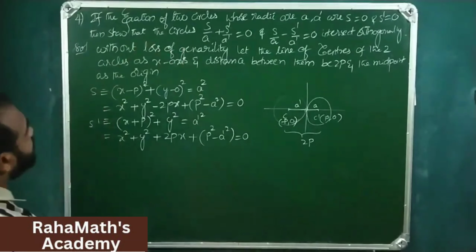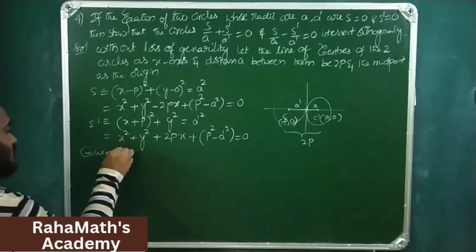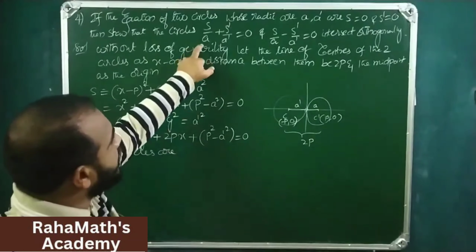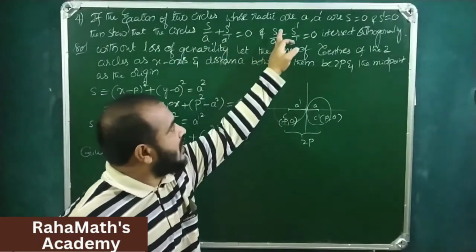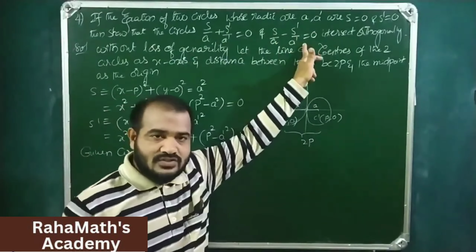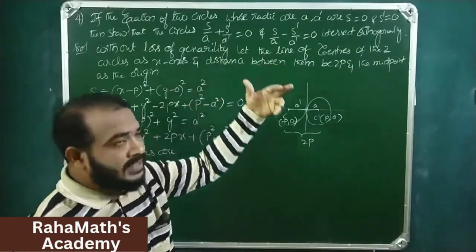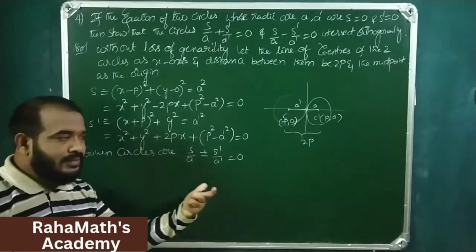Show that the given circles, S by a plus S dash by a dash equals 0, S by a minus S dash by a dash equals 0. So, can I write plus or minus in a single equation, S by a plus or minus S dash by a dash equals 0. So circles, plural sense, that means if I take one plus, one equation of the circle we get, and if I take a minus, another equation of the circle I may get.